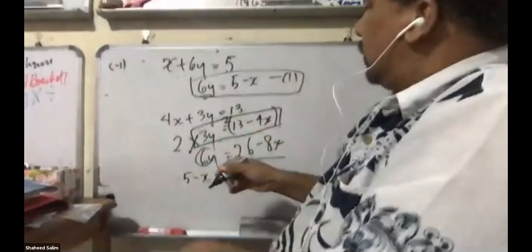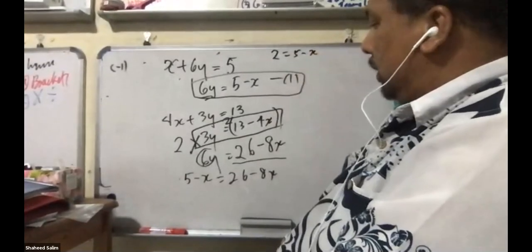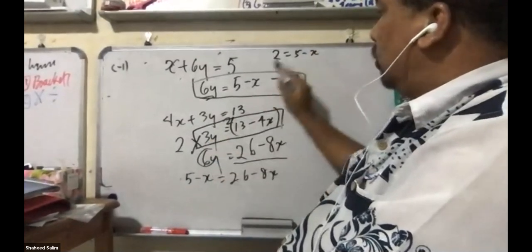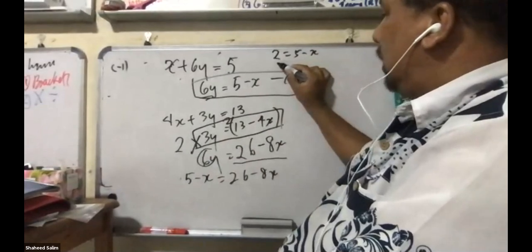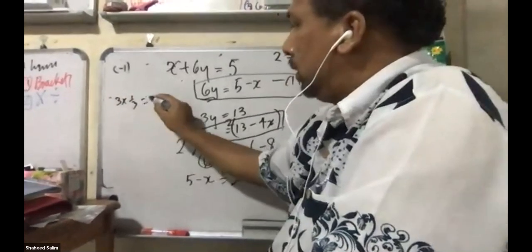So 1 over 3 times 6, you get 2. So 2 equals to 5 minus x. That's what we found. And then down here was how many? 3y. So 3 over 3. 3 times 1/3 is 1. Correct.